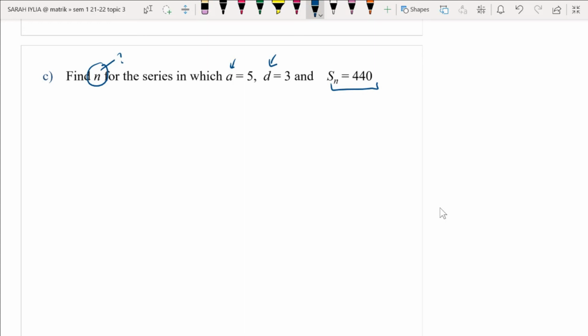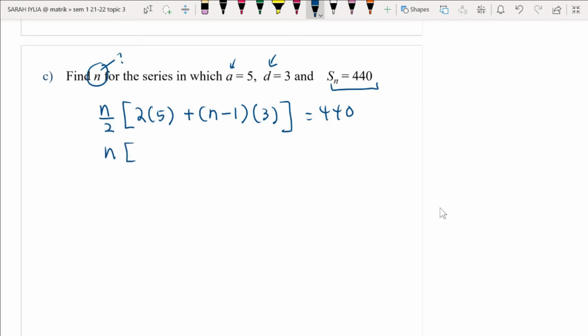In this case, Sn kita tadi, N over 2, 2A, saya masukkan terus. A kita 5 plus N minus 1, D. So, D 3 equal to 440. From here, kalau kita nak cari N, kenalah simplify. So, saya pindahkan dulu fraction. Open up bracket.